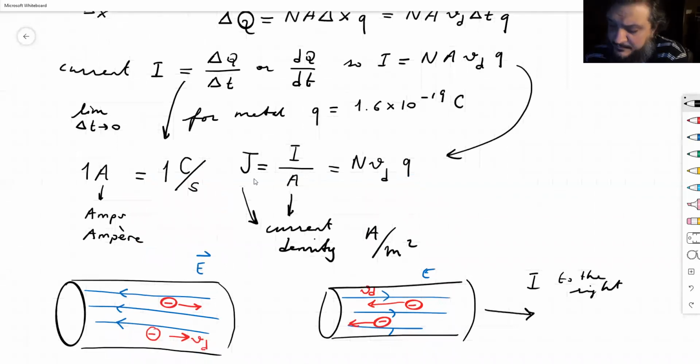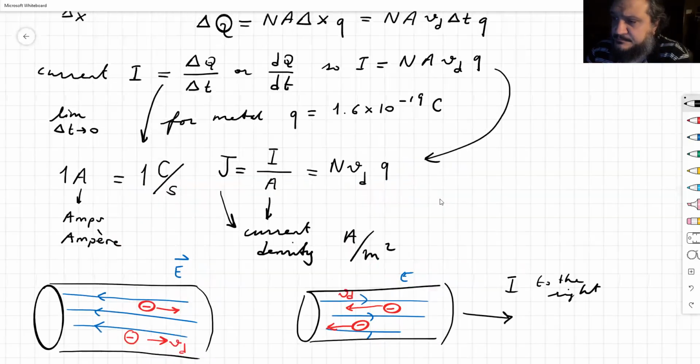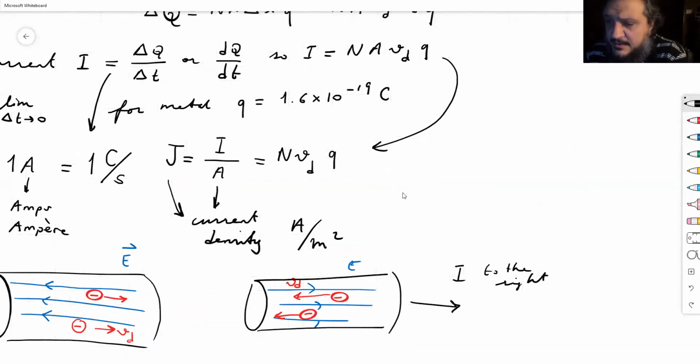All right, so now maybe it's time to relate this electric field to this current density. All right, so here's the idea. First of all, we know that if the electric field is increasing, this is going to affect the charge carriers. They're going to move under the electric field.